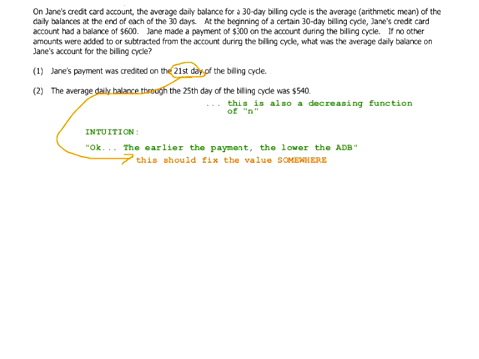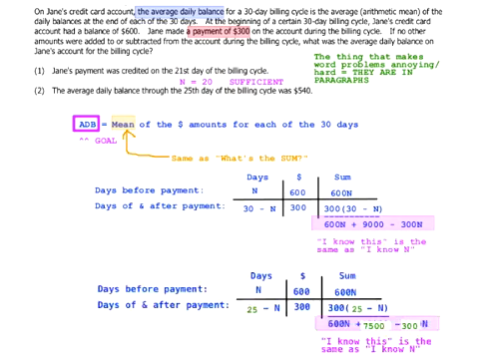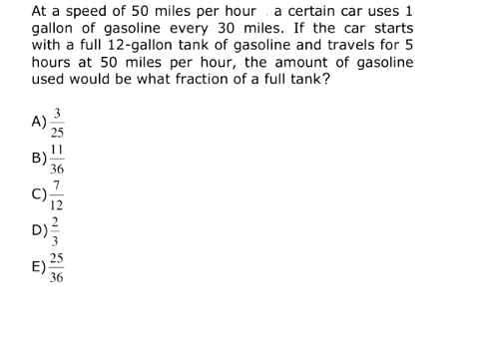Let's talk about another problem. So this one was D, like dog. They're both sufficient the way they were given. Let's try another one.